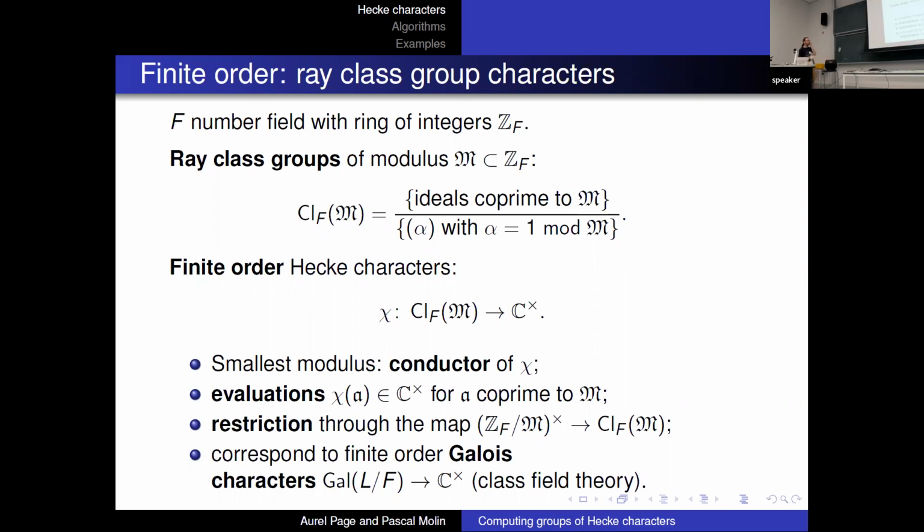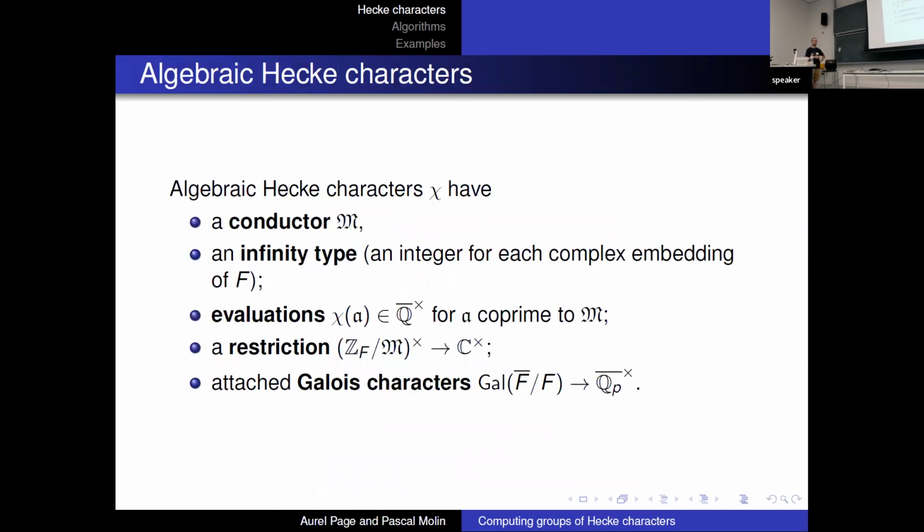Let's look at more general cases. I'm not going to give the precise definition, but there's one more general case that people encounter more often than the most general case, which is algebraic Hecke characters. People typically encounter them because they play a role in CM theory, the theory of CM abelian varieties.